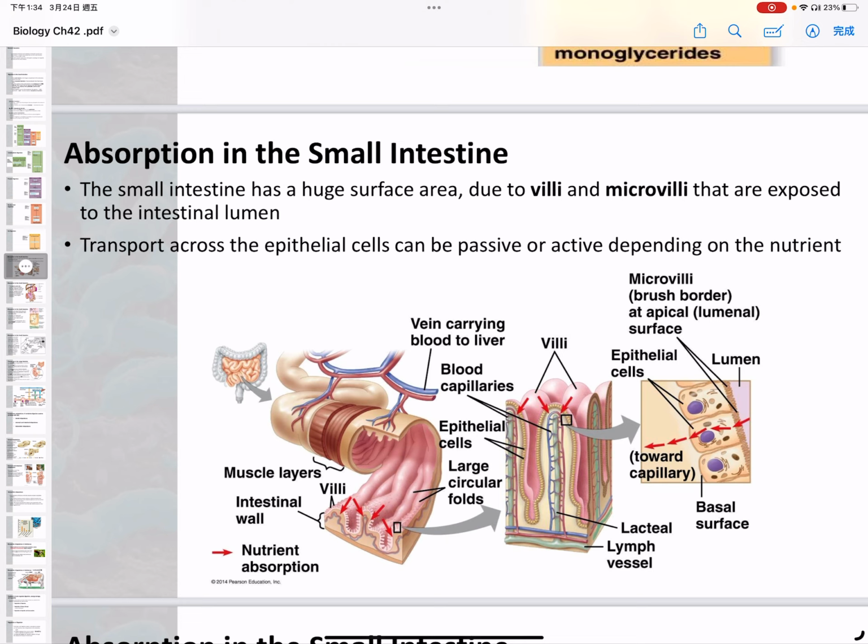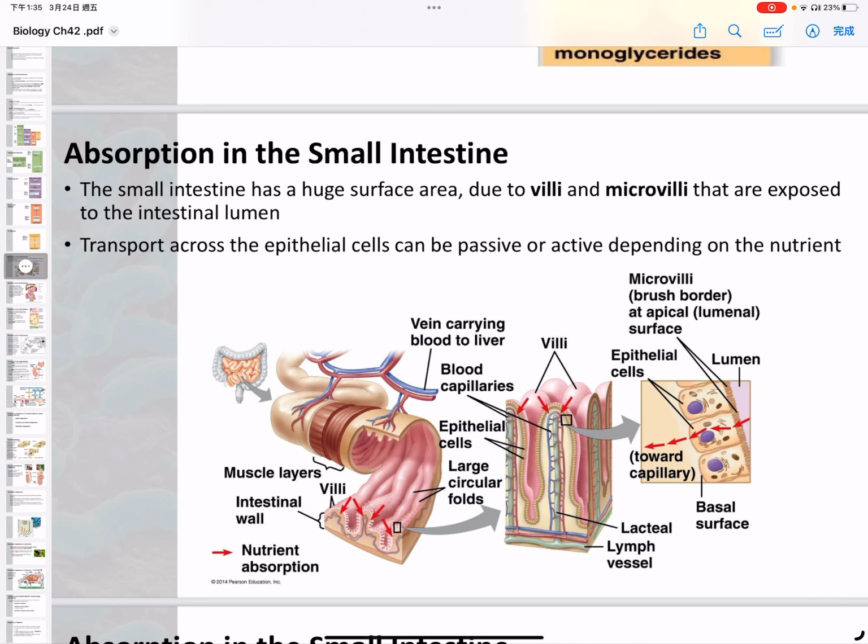The second point of this slide is that transport across the epithelial cells can be passive transport or active transport, depending on different nutrients. For example, the sugar fructose, 果糖, moves through the epithelial cells through facilitated diffusion, and it moves down its concentration gradient.